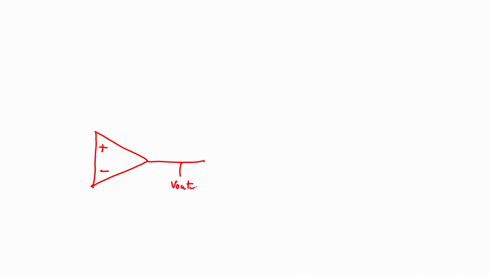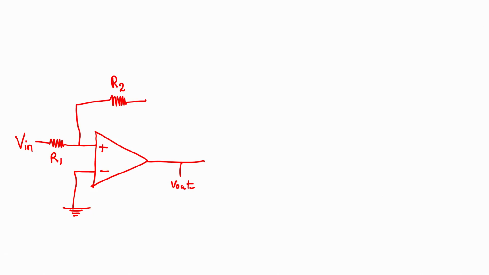We will ground this terminal. Now, we will give input here, V in, through a resistor R1. So, we have another resistor here, R2.